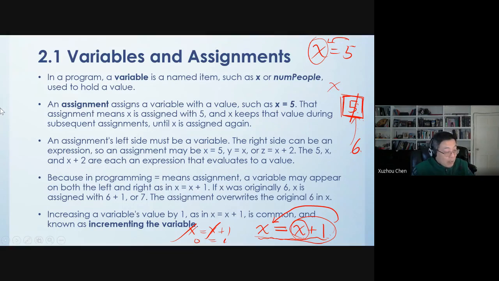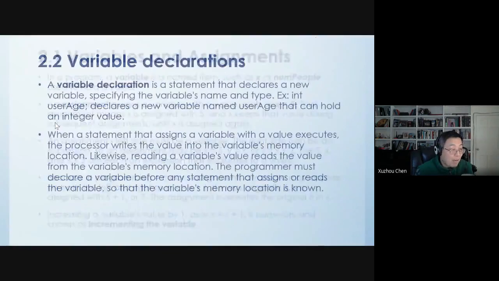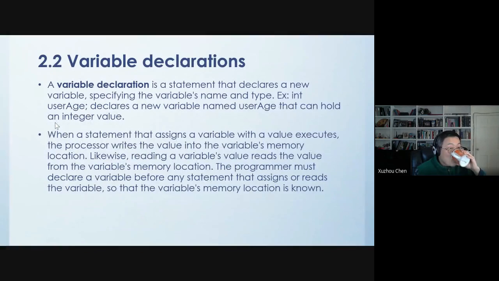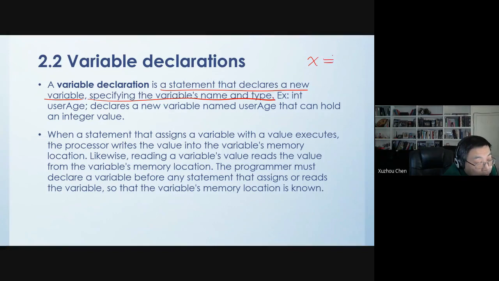But the variable is the same between Java and Python. And also variable declaration. A variable declaration is a statement that declares a new variable, specifying the name and the type. Now, when you use a variable in Java, you have to declare it.